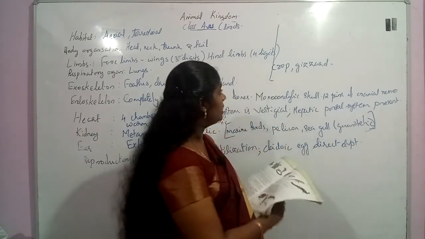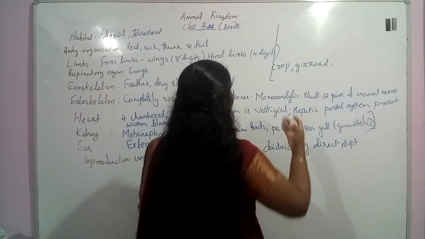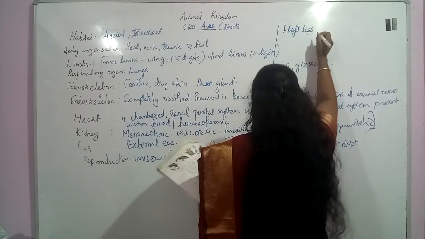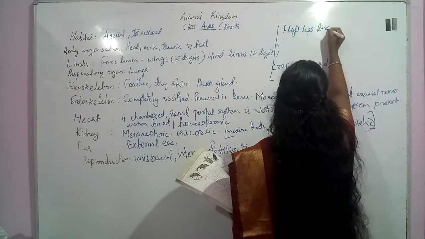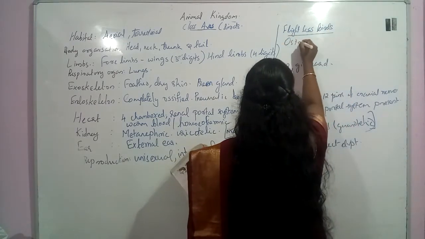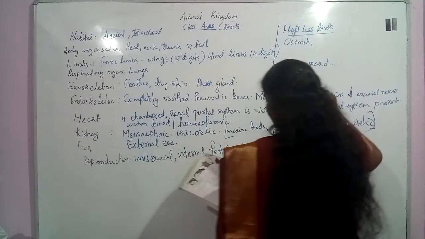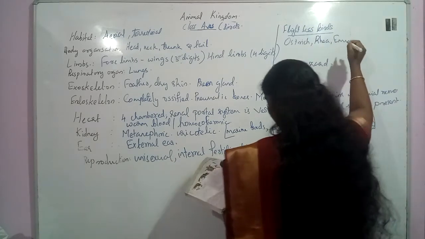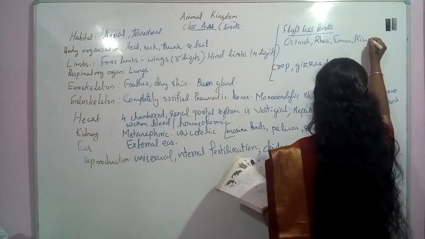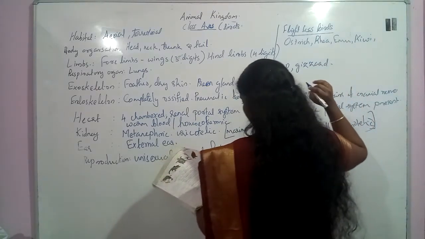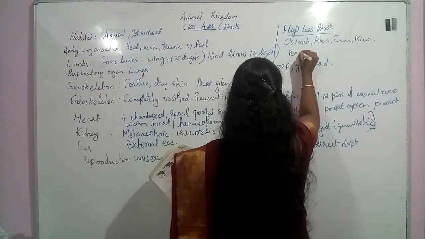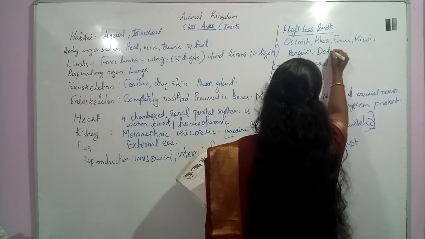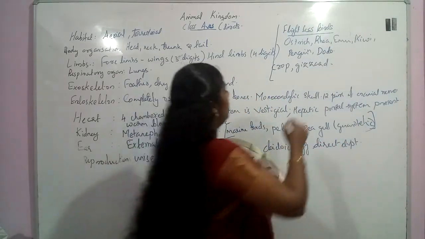ഓക്കെ, flightless birds include ostrich, then we can see rhea, emu, then kiwi, then we can see penguin, then dodo. ഇതൊക്കെയാണ് ഫ്ലൈറ്റ്ലെസ് ബേർഡ്സിന്റെ എക്സാമ്പിൾ, etc. Many are there like this.